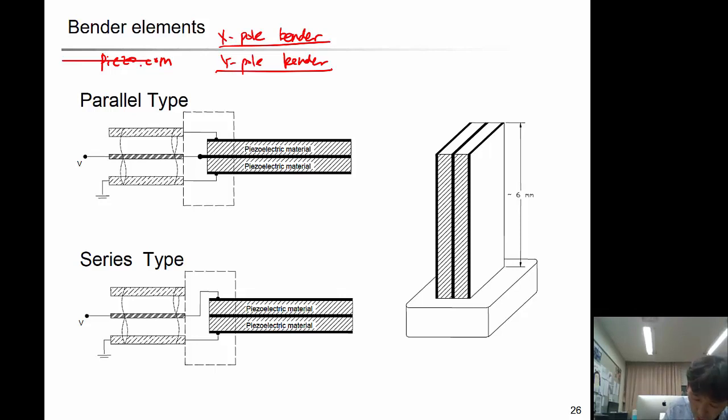The parallel type is pulled in this direction and also pulled in, maybe, this direction. So the piezoelectric material has a polarity. And if you have voltage applied here, it should be parallel, so the same direction.